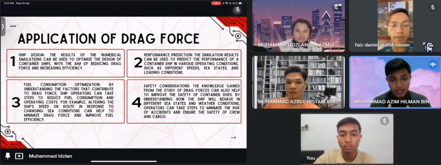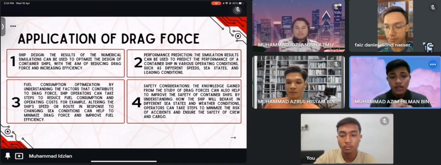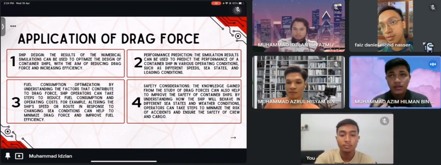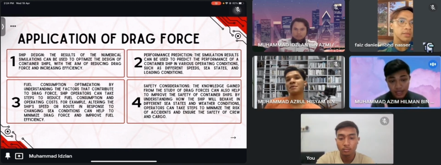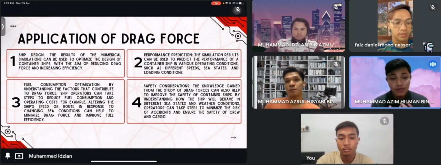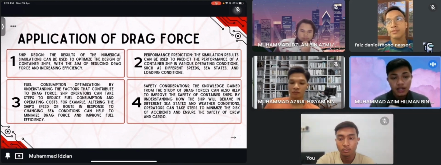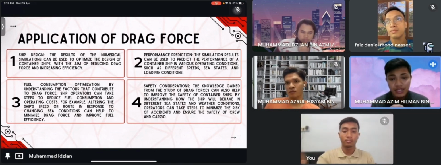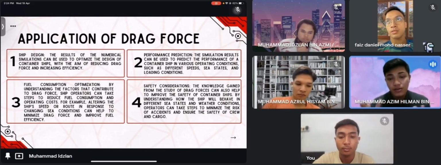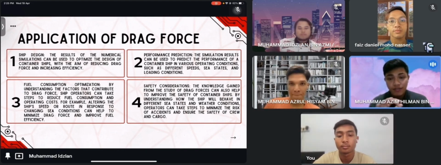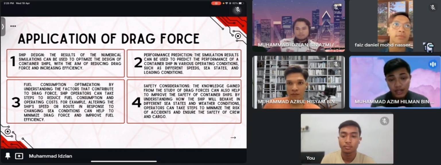To conduct this research, the authors used computational fluid dynamics (CFD) simulation to model the flow of water around the ship hull and calculate the drag force. They considered several operating conditions, including different sea states and loading conditions.